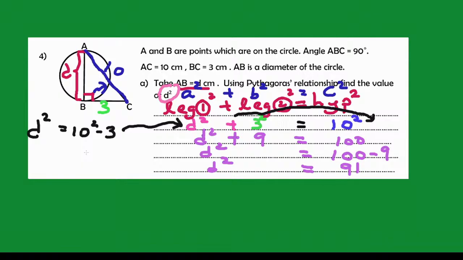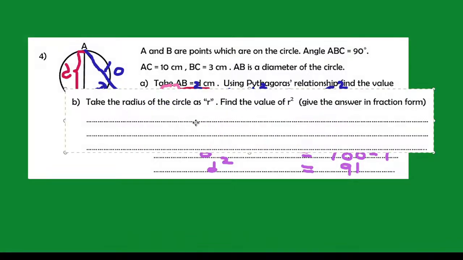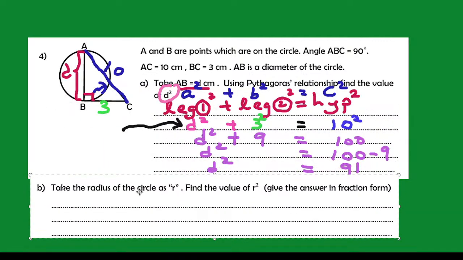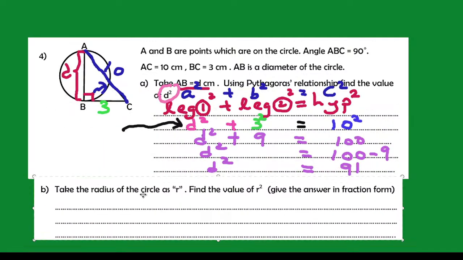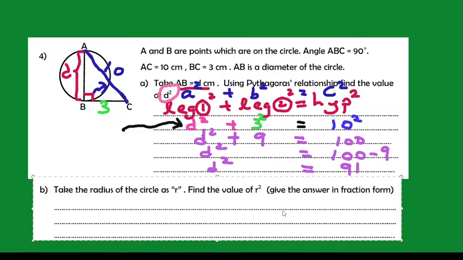Right, let's see what they're asking in question B of the same question 4. All right, so you have been told to take the radius of the circle as r.